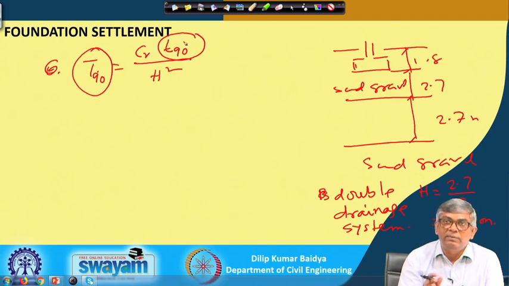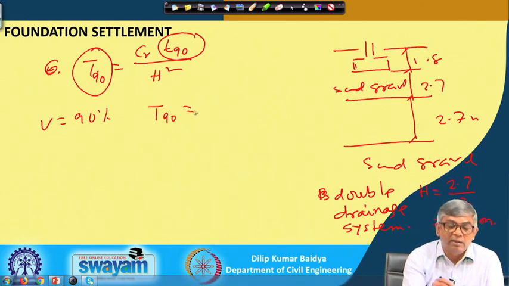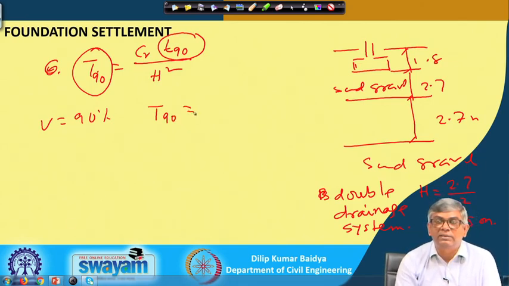Time required to achieve 90% degree of consolidation. So, I have used additionally, instead of t, I use t90, this capital T also I have used T90. Now, degree of consolidation U is 90%. So, I have to find out T90, and as I have mentioned that for T versus U, there are two such sets of equation.